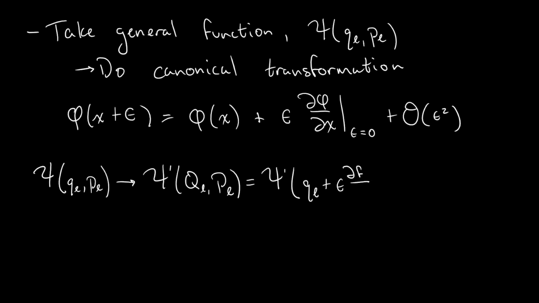So this is q plus epsilon df dp, and then p minus epsilon df dq.